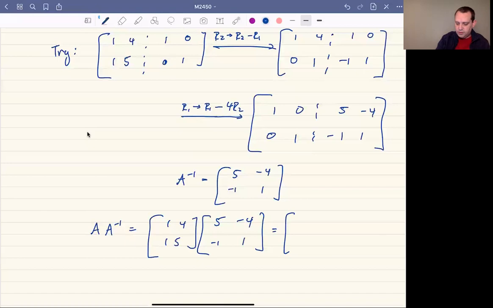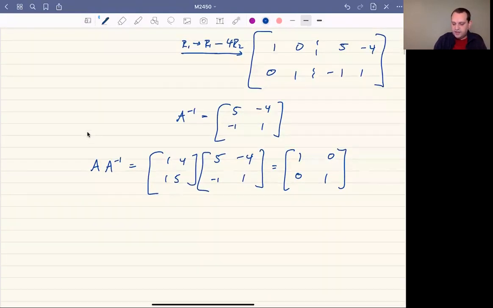So we're going to get 1 times 5 plus 4 times negative 1 is 1. Negative 4 plus 4 is 0. 5 plus negative 5 is 0. And 1 times negative 4 plus 5 times 1 will be negative 4 plus 5 is 1. And that really does give us the multiplicative identity there. So that's why those are inverses.